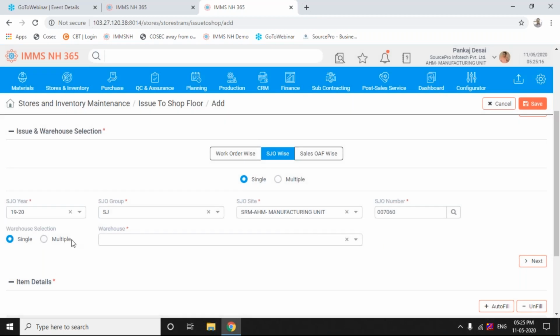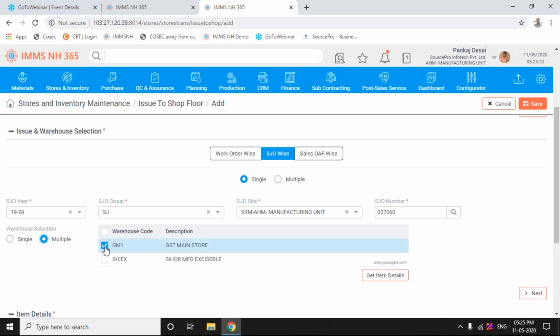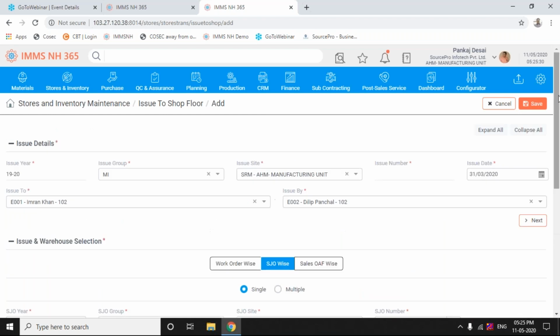Issue slip has certain features that I would like to highlight. An issue slip can be specific to a warehouse or multiple warehouses, can be for a work order, can be for an SGO, can be for a sales OAF.